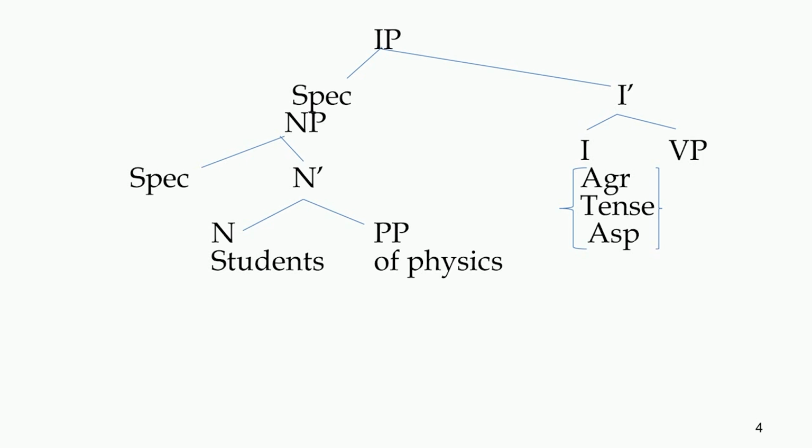That's one part of this that we want to understand, and in the other side we want you to understand that the head I actually hosts a bundle of features. It retains features of agreement like person, number and gender. It also contains tense and aspects.